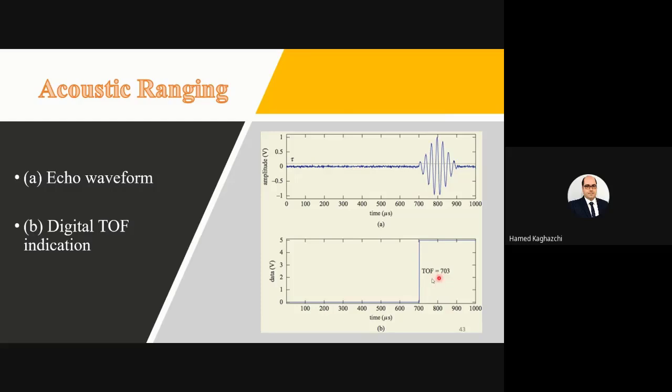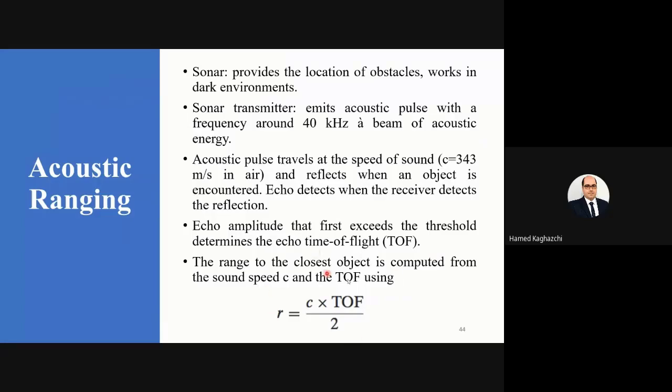For example, here the TOF is 703. Now, using the time of flight, we can find the range of the object, which is equal to C times TOF divided by 2, where C is the speed of sound. This is the application of the sonar system in sensors.